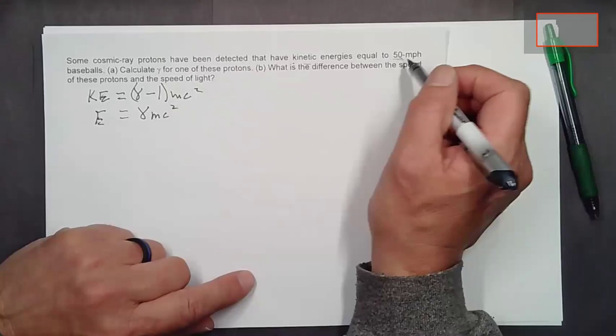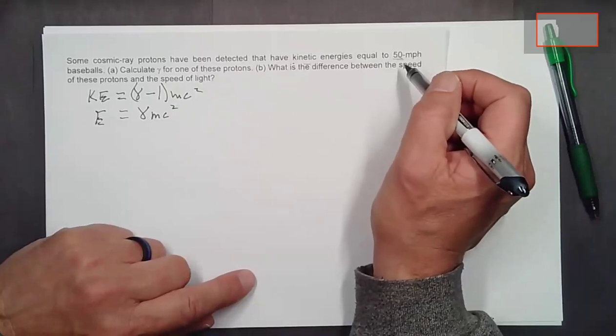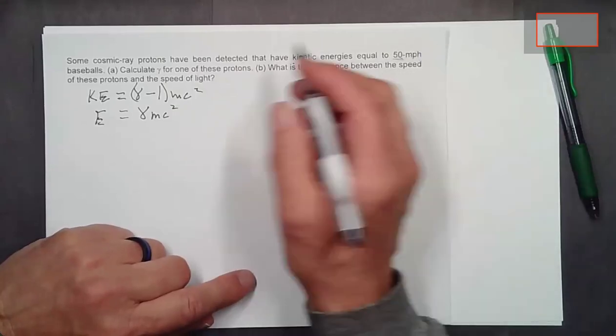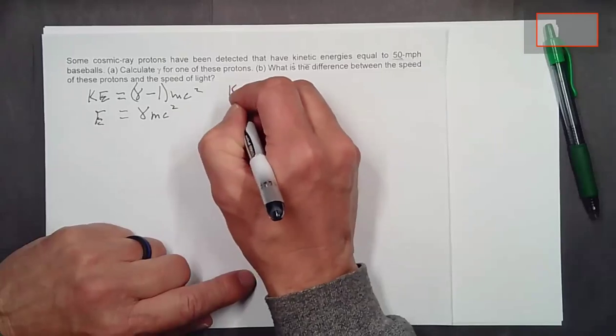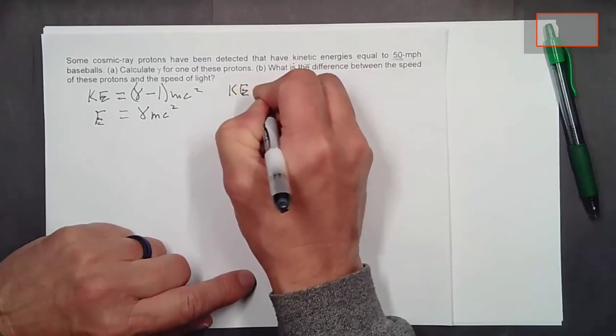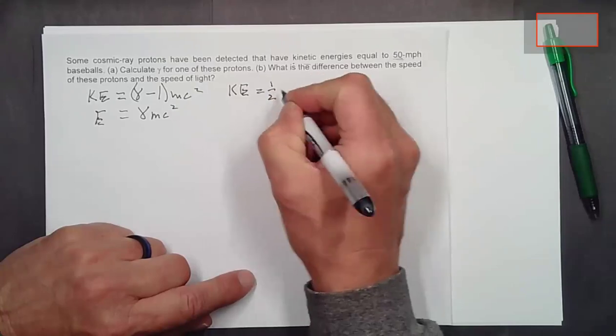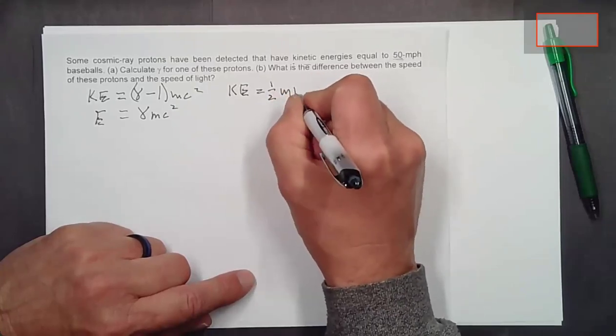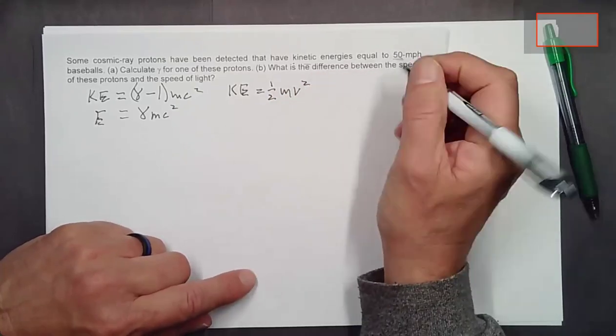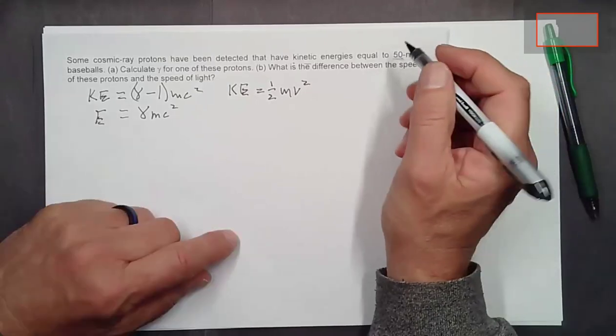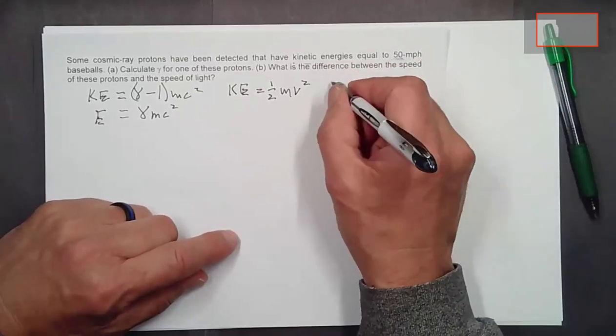Now, the baseball, 50 miles an hour, is not a relativistic particle. So for it, we'll just use the kinetic energy equals 1/2 mv squared. 50 miles an hour, I calculated it this morning.